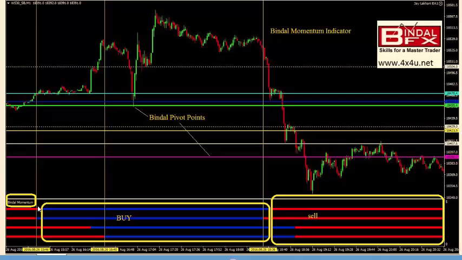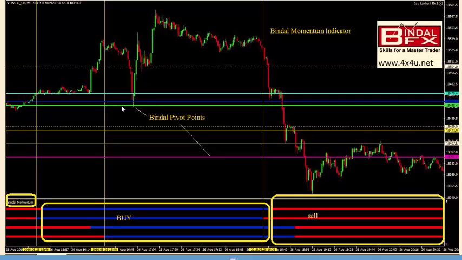In addition to the Bindal Momentum, I've got unique Bindal pivot points. There are 6 pivot points in total, and they are dynamic pivot points. They keep changing with the price action. These are very important. Right throughout the day, you will see that these pivots change, and they can offer fantastic opportunities for reversal trades.